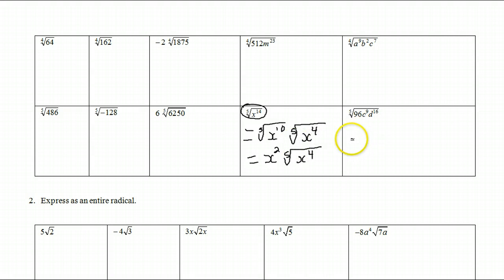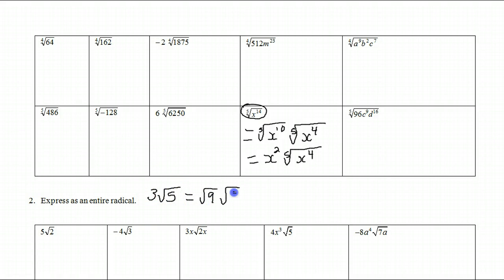And let's see, express as an entire radical. Okay, 5 root 2. So let's say we had 3 root 5. Then what I would do is I would write the 3 as a root, and 3 is the root of 9.